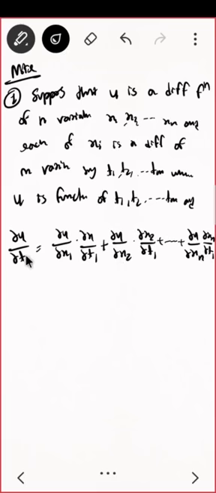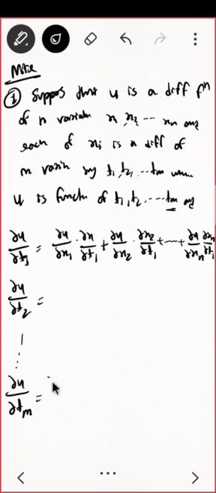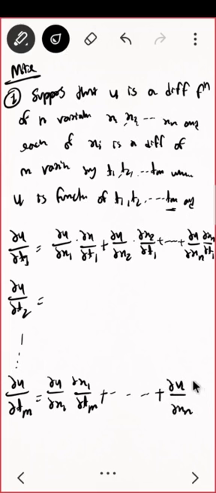This is for t1. Then dou u by dou t2, up to dou u by dou tm. There are m of them. So this will be dou u by dou x1, dou x1 by dou tm, plus so on. See, this is the same as the chain rule. That's it.